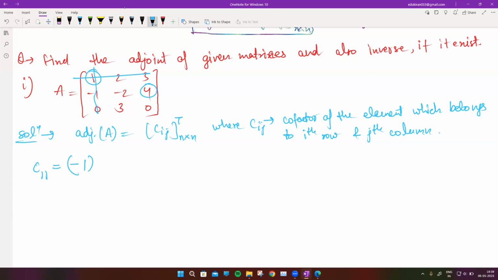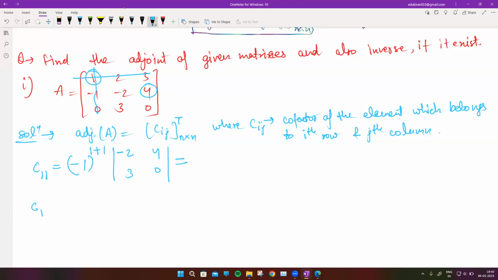Now i here is 1 and j is also 1, because this element belongs to the first row and first column. Now take this whole determinant, which is -2430. This is the value of cofactor 1,1, meaning the cofactor of the first row and first column element.